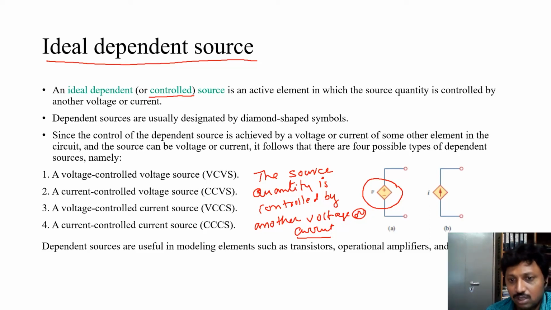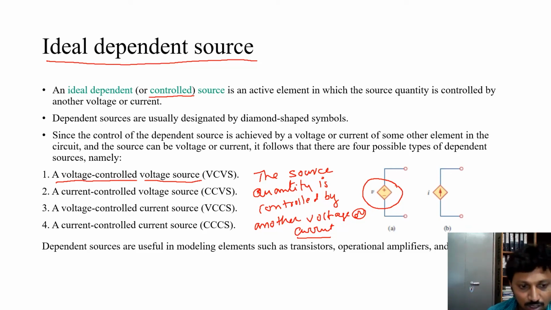It follows that there are four possible types of dependent sources. The first one is the voltage controlled voltage source. It means this one is controlled by a voltage. The next one is the current controlled voltage source. The third one is the voltage controlled current source.